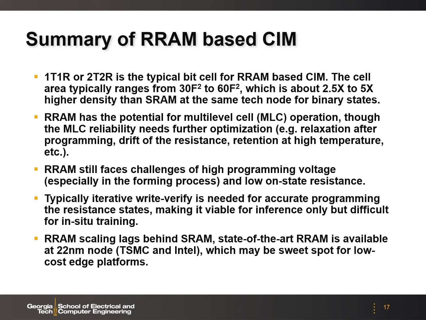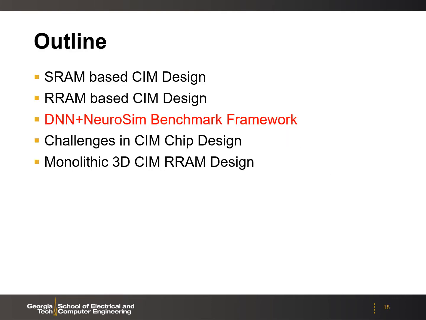RRAM scaling lags behind SRAM. State-of-the-art RRAM is available at 22 nm, offered by TSMC and Intel, which may be a sweet spot for the low-cost edge platforms. Next, we are going to introduce the DNN+NeuroSim benchmark framework developed by my group.